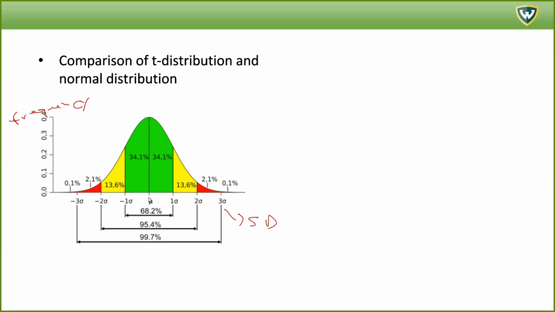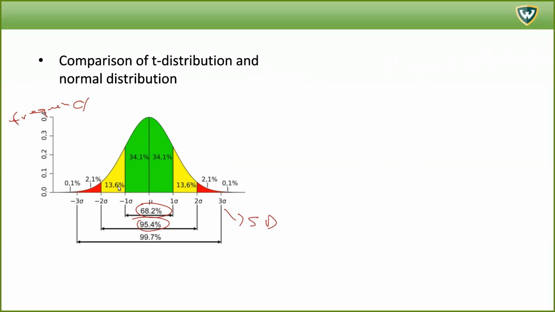Within one standard deviation, you can find 68% of all of the observations in a normal distribution. That's just a fact of the normal distribution: 34% above the mean and 34% below the mean. Within two standard deviations, we find 95% of the data, about 95.4. So 13.6 to one side and 13.6 to the other side.